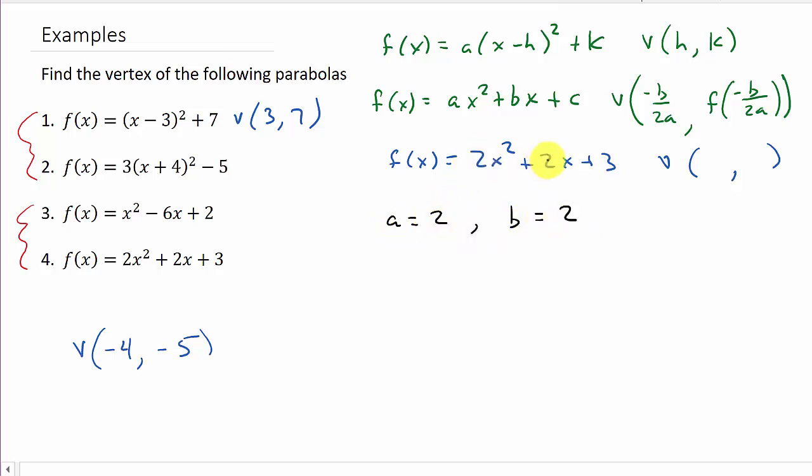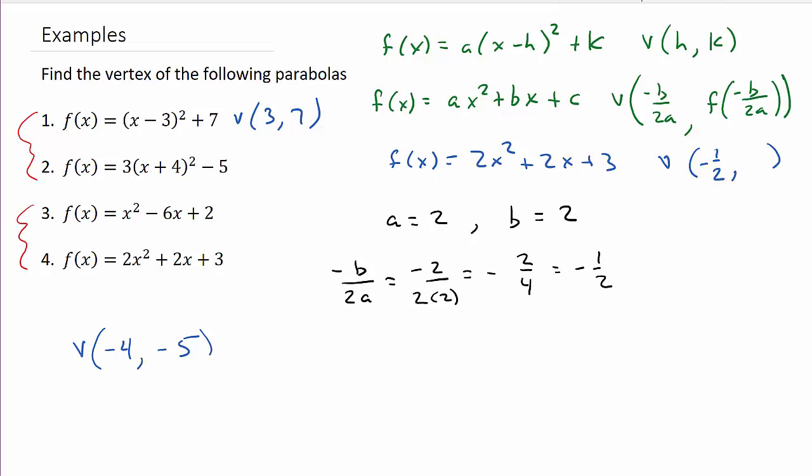See, there's a, there's b. All right, so let's plug it in. So minus b over 2a. So that's going to be negative 2 over 2 times 2. So I plug the 2 into here and this 2 into here. So that's going to be negative 2 over 4, which is negative 1/2. All right, so this would be negative 1/2.